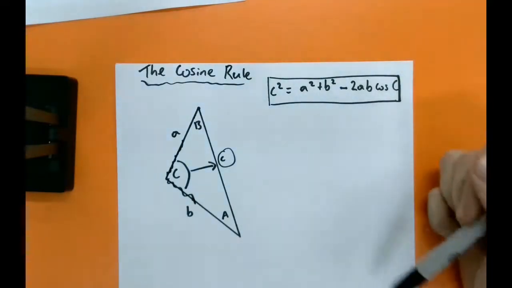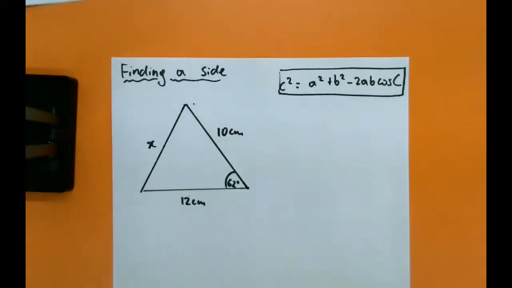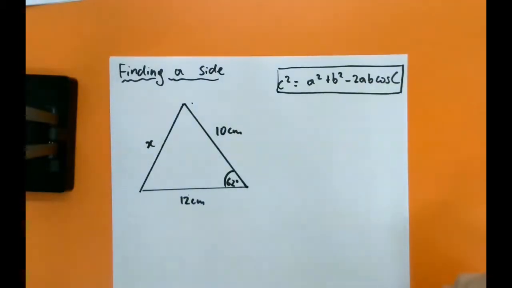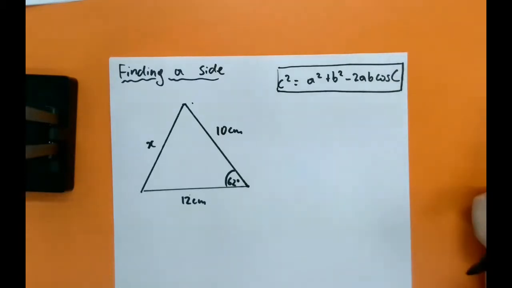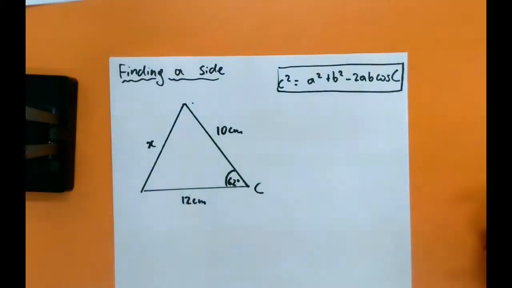So let's get stuck into a few examples with finding the side. We're aiming to find a side of a triangle using the cosine rule here. Like before, we're just going to highlight the sides and where they're going to go in relation to this formula. Remember, our cos c, our big C, was an angle. So the angle that we're talking about here is going to be our C angle.